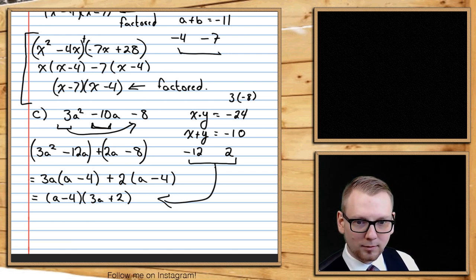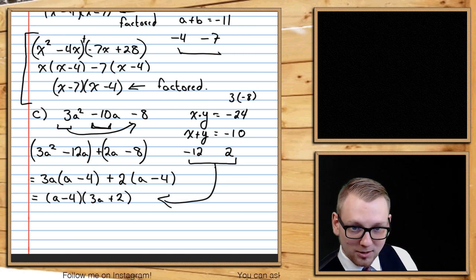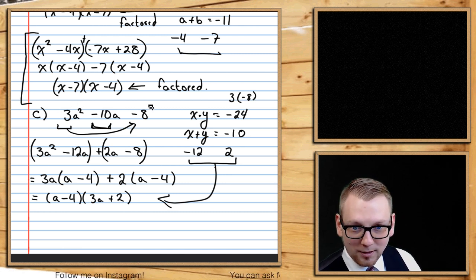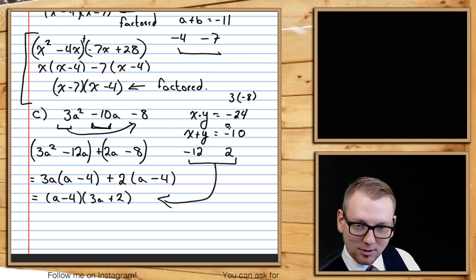We multiplied. Yep, then grouped them. Well, we did that to begin with. We took the first number and multiplied it by the last number. That's how we got the minus 24.